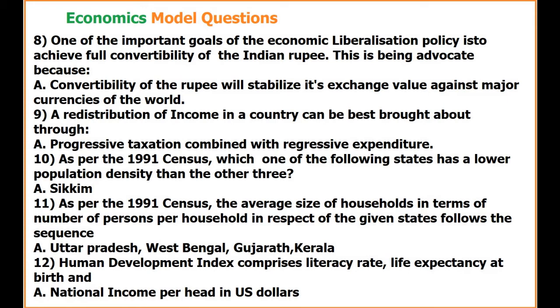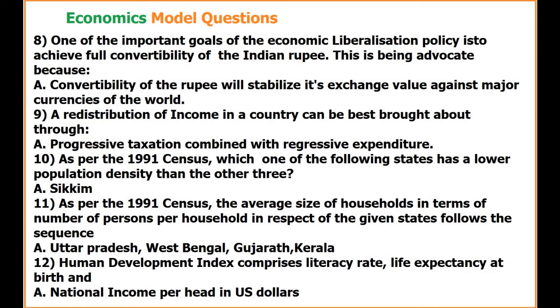As per the 1991 census, the average size of households in terms of number of persons per household in respect of the given states followed the sequence: UP, West Bengal, Gujarat and Kerala.